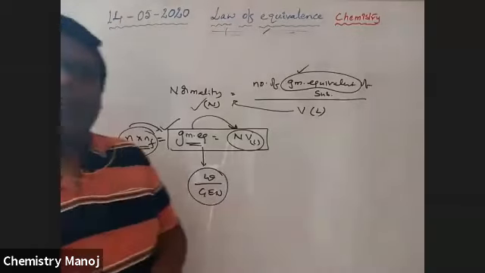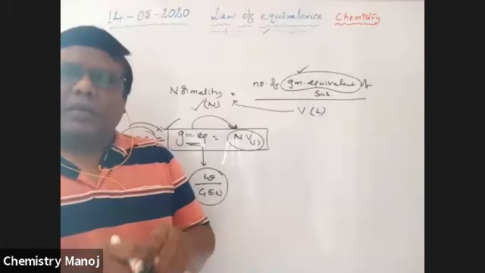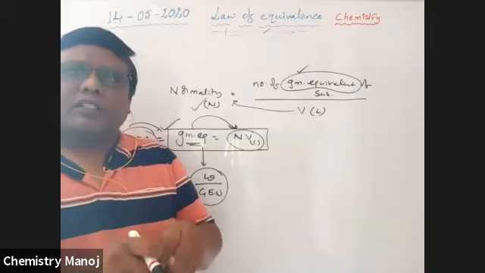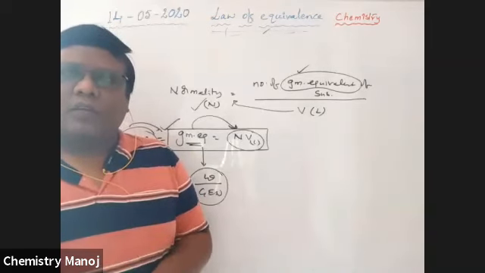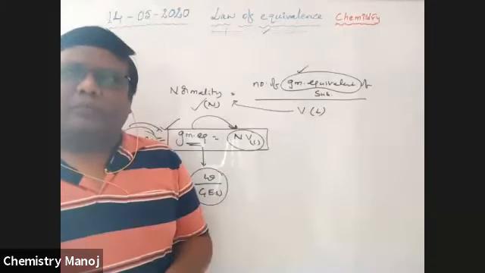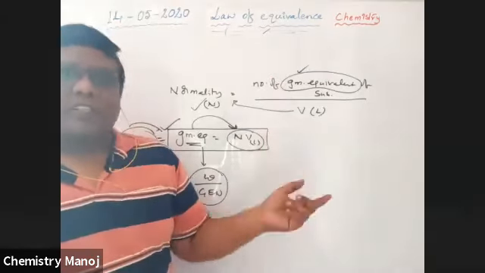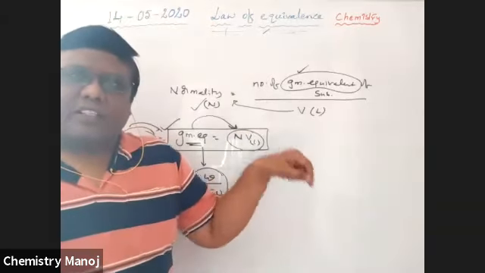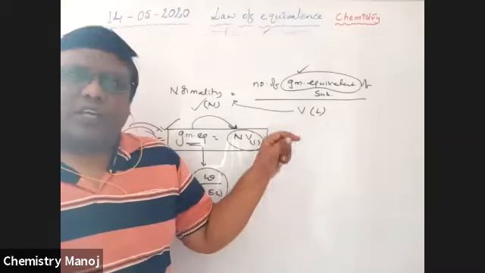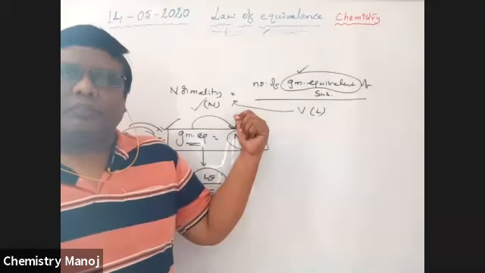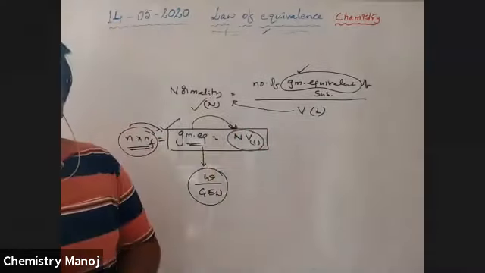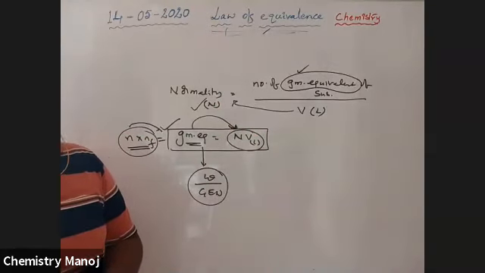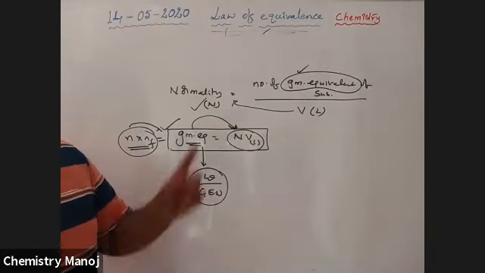What is normality? Normality is nothing but one of the concentration expressing terms for a solution. In future I will explain it. But here the gram equivalence term is used. That way the gram equivalence term is also helpful to calculate the concentration terms, that is in normality cases.